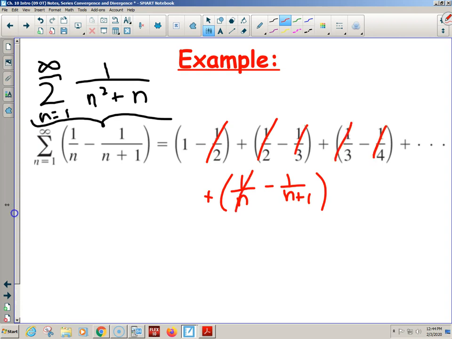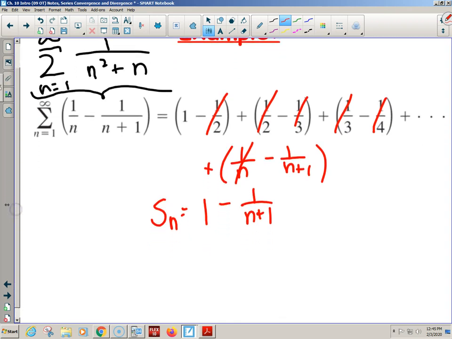True? Okay. So if I'm trying to talk about my S of n up to any point, it's just going to be 1 minus 1 over n plus 1. So up to the 10th, up to the 100th, up to the 1,000. That's always going to happen. The first part of that nth term is going to go away, and that last part's going to be left. So then if this is my S of n, guys, a series converges if its partial sums converge, right?